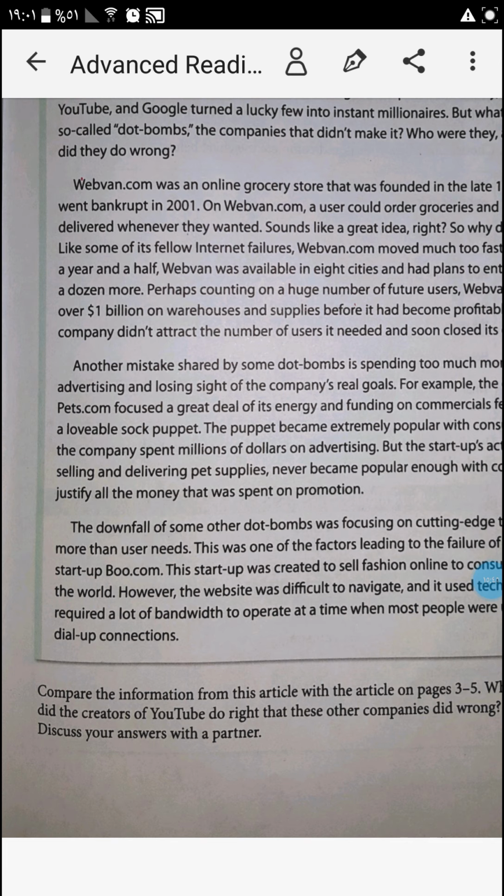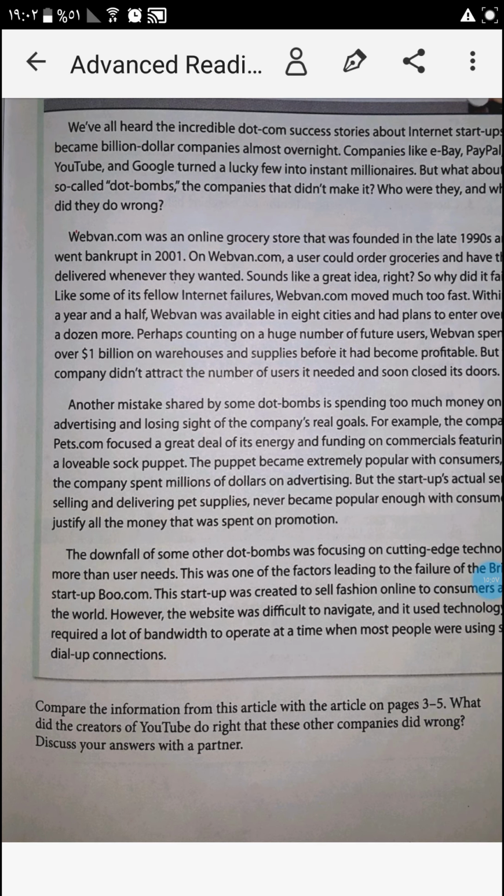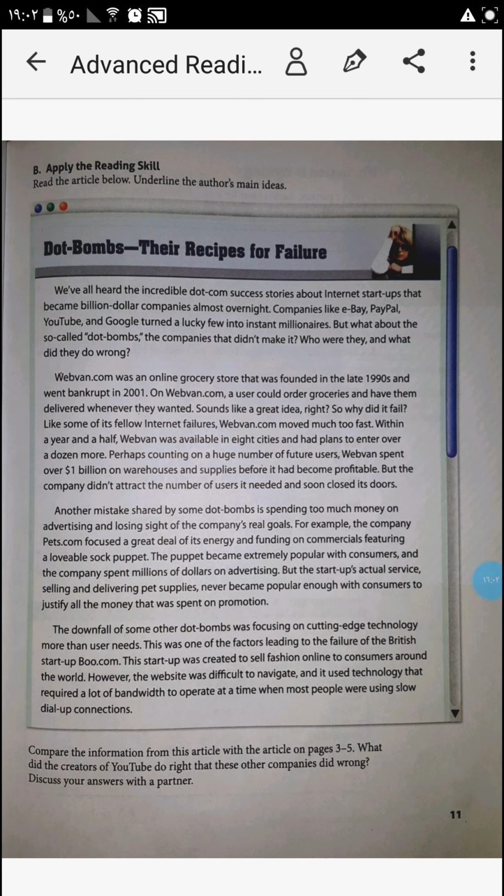So just think about the differences between these two articles, or what is good and what is bad in the experience of these companies. Okay, so this is our lecture for today.